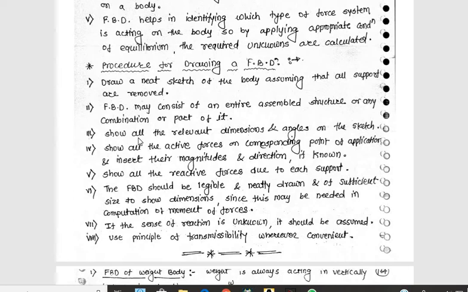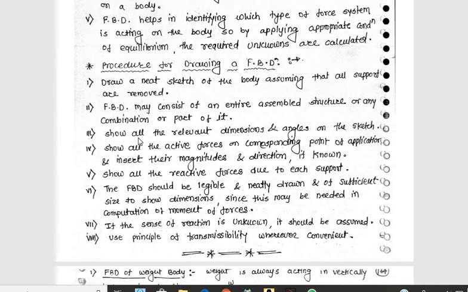Show all active forces at the corresponding points of application and insert their magnitude and direction if known. Then step number 5 is to show all reactive forces due to each support. Next, the FBD should be legible, neatly drawn and of sufficient size to show dimensions, since this may be needed in computation of moment of forces.